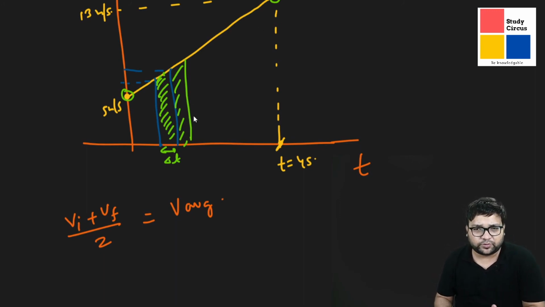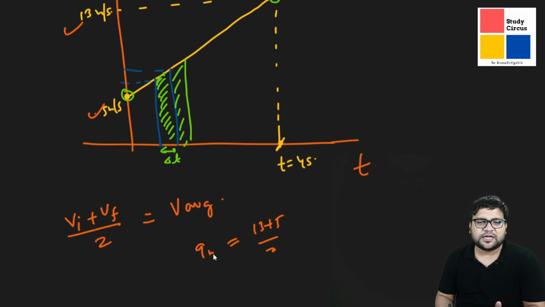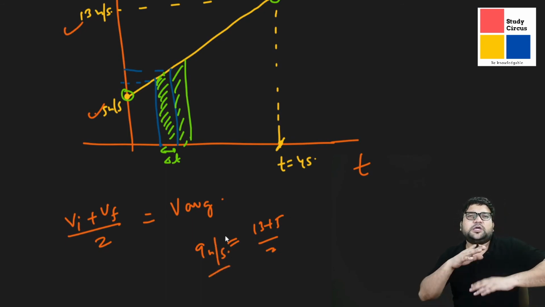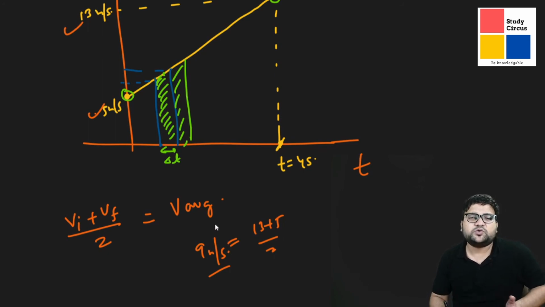In this case, initially it was 5, then 13. So what is the average? 13 plus 5 upon 2, that is 9. So 9 meter per second you can take to be a constant, equivalent speed. It's not the same thing, it's equivalent.